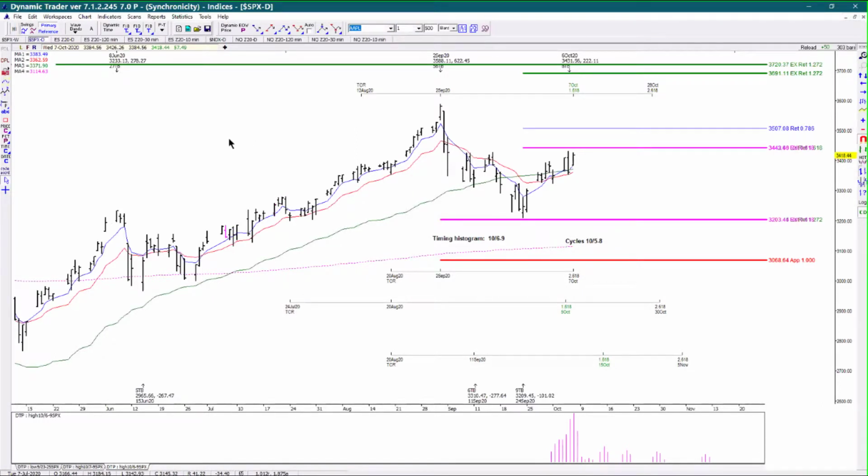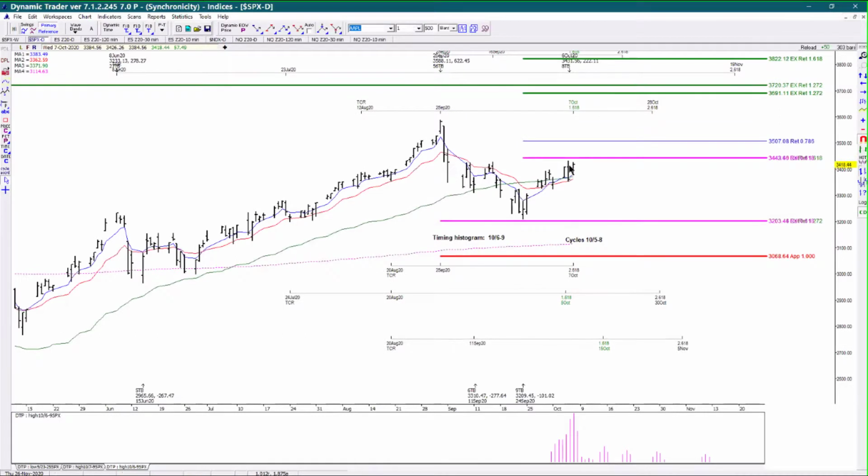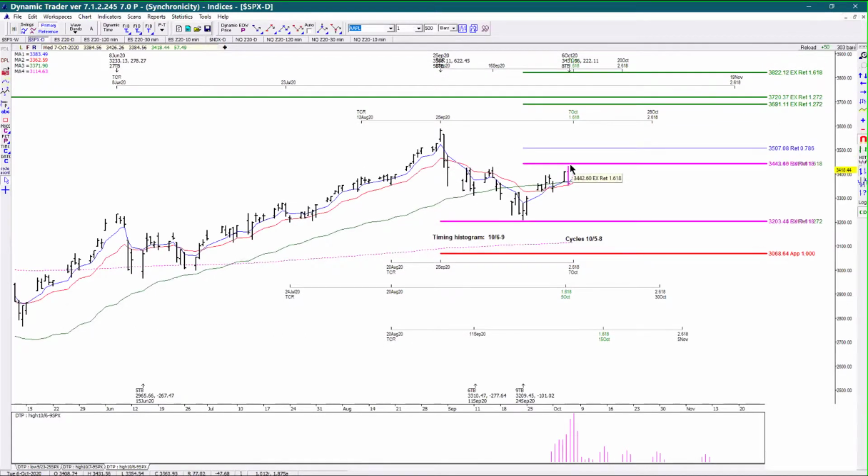Additional questions have come in. Here's one from Henry. He says, could you recap briefly the time and price confluence in your identifying the setups? Well, as you see, we're close to resistance here in the S&P cash.